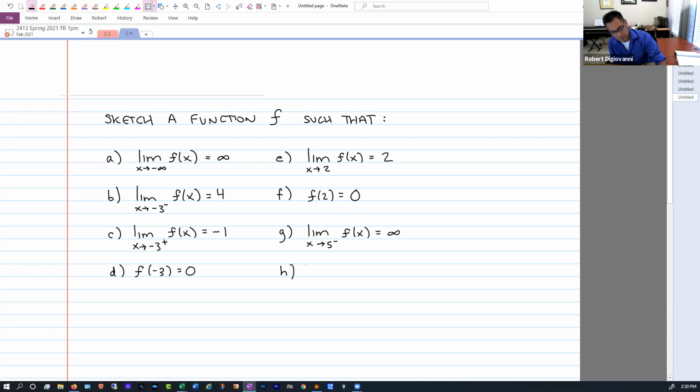Almost done. I want the limit as x approaches 5 from the right of the function to be 3. Last one. I want the limit as x approaches infinity of the function to be 0.